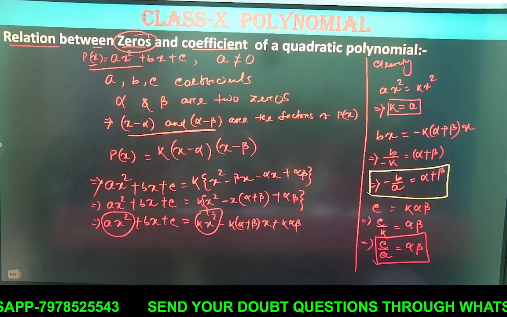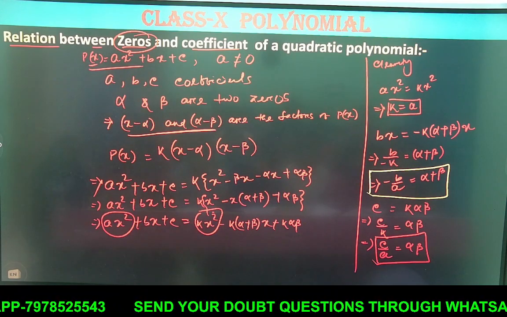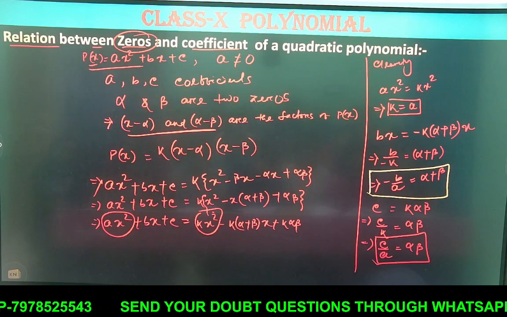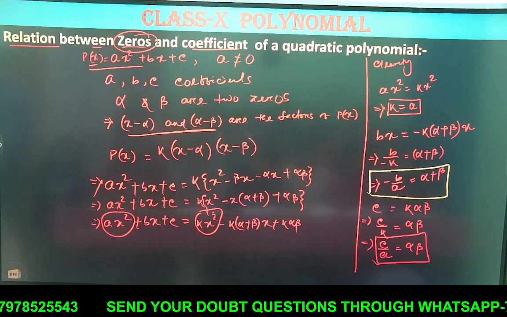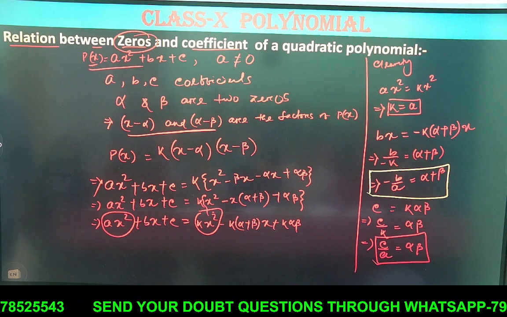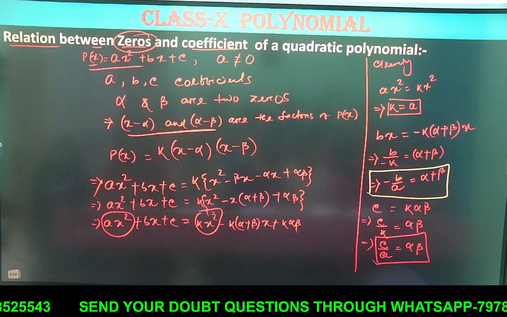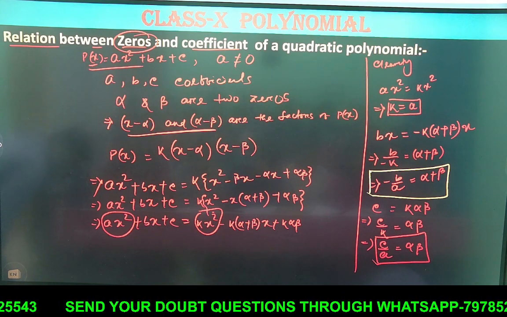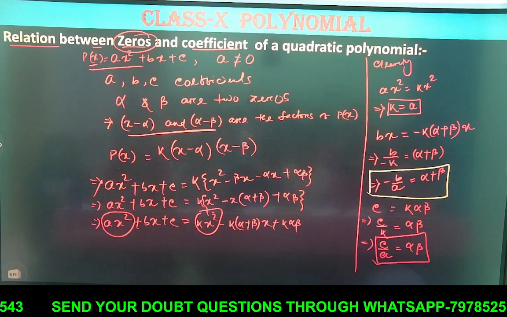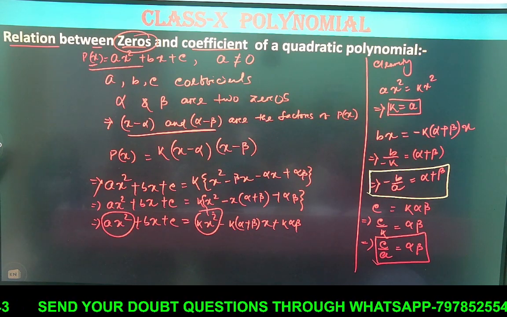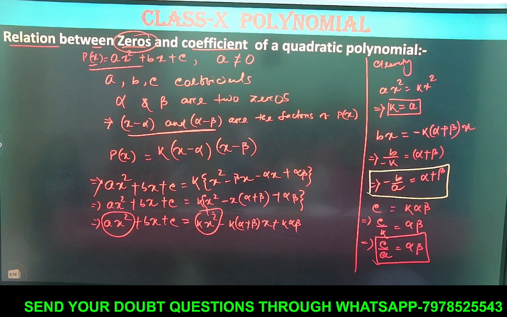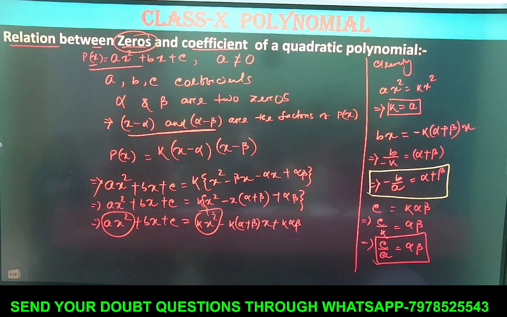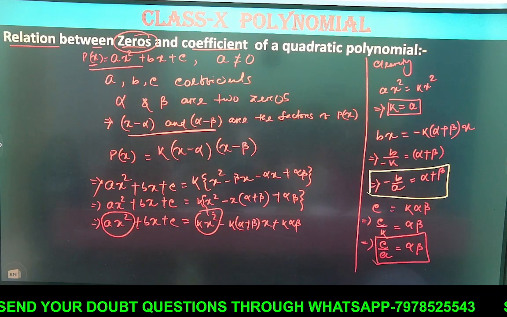Everyone, look carefully. If any doubt, tell me. If there is no doubt, you can write. First have a look carefully at where you are unable to understand. Okay, inform.